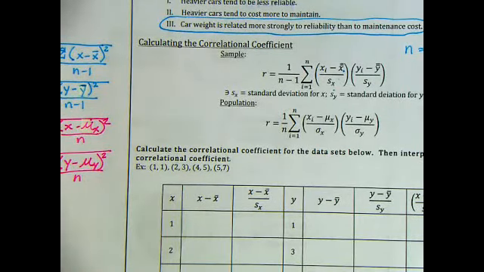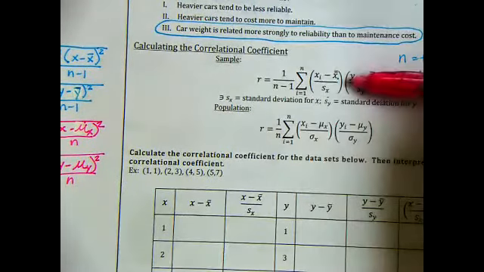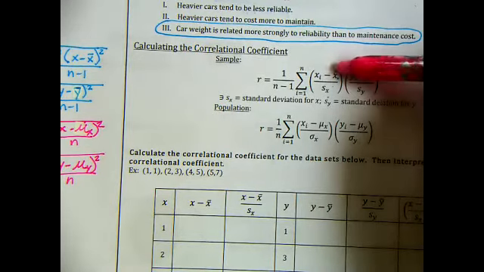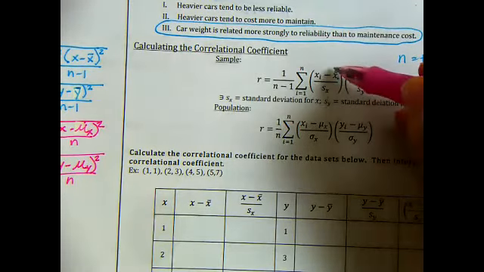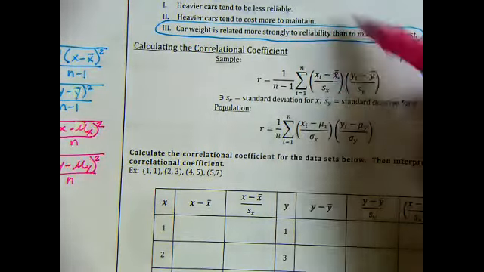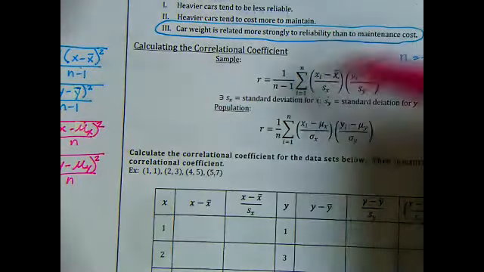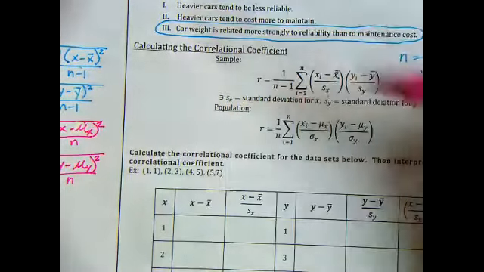Okay. So in order to calculate our correlation coefficient, we're going to need to first find the means, okay, because we need those. We need to find the means because the mean is used in both our standard deviations and the formula here, okay? So we're going to need the mean for either one.